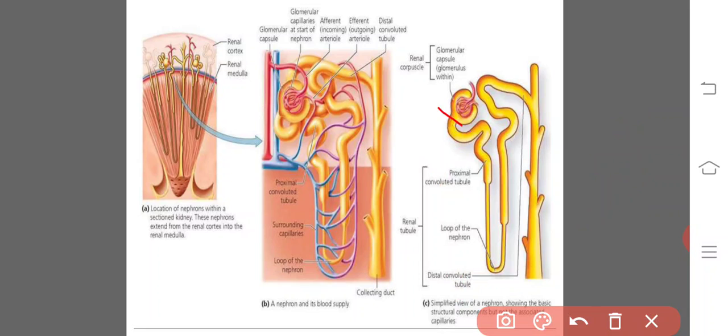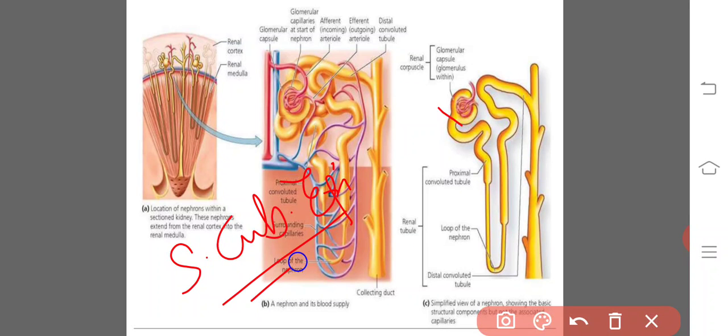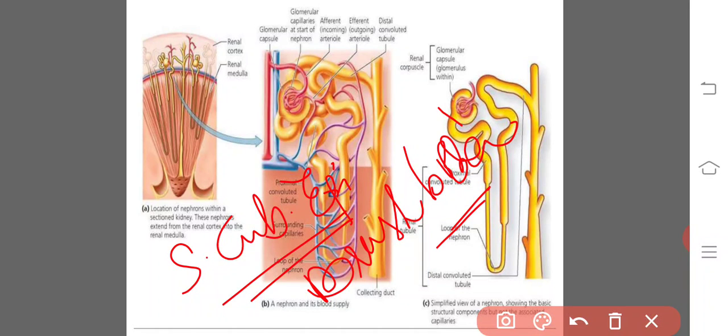So here the important point to be remembered is it is lined by simple cuboidal epithelium, which has the brush border, the specialty of the PCT. So what is the use of the brush border? It increases the area of absorption at the free surface.